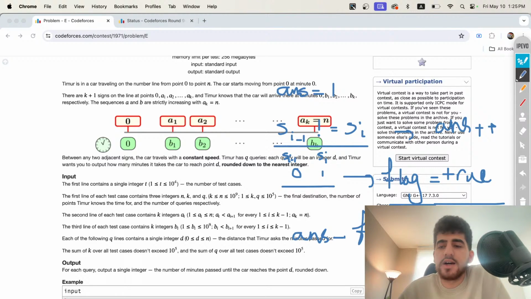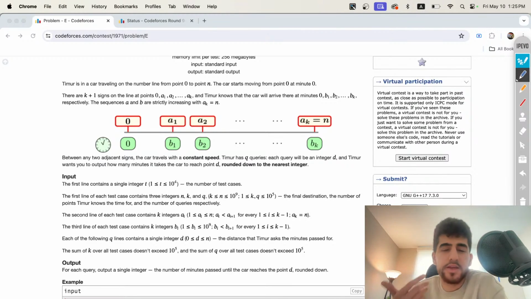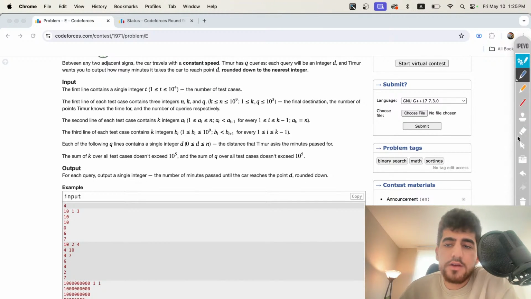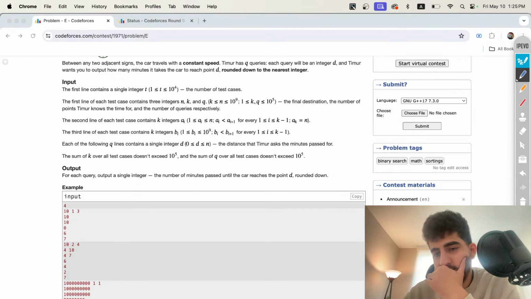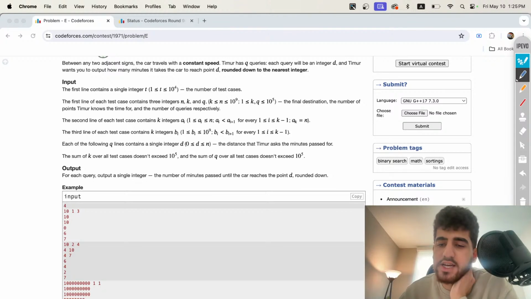Well, this is I think even easier. This is more implementation rather than algorithmic. When you want to find the time for a point, it's enough to know what was the previous point, what is a of I minus 1, and what is a of I. So we want to find out when we reach x.